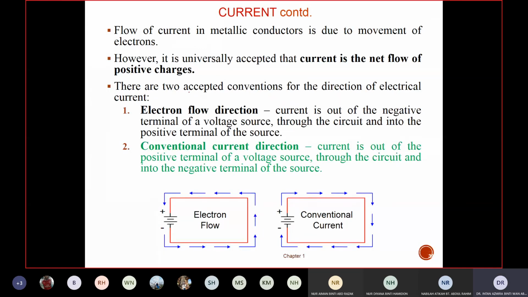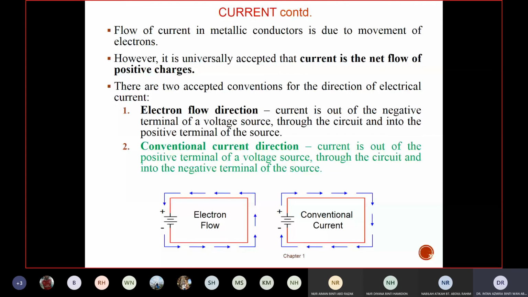We have two conventions for the direction of electrical current. The first is the electron flow direction, meaning that current is out of the negative terminal, through the circuit, and into the positive terminal, so from negative to positive.